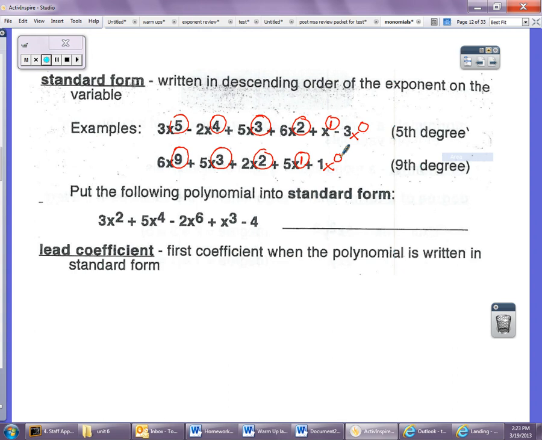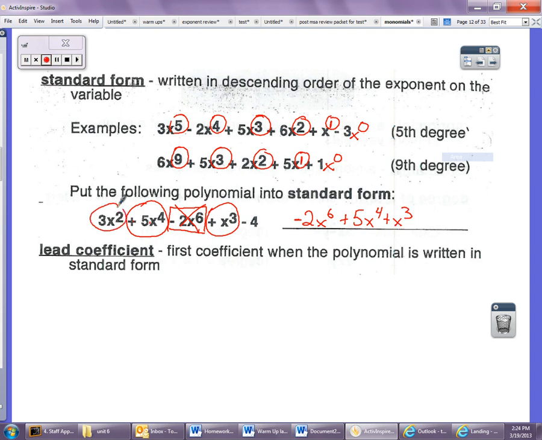It says put the following polynomial into standard form. Well, the highest one is 6. When you look at that 6, it's negative 2x to the 6. So the negative 2x to the 6 comes first. Now we look, no 5, so the next is 4. So we have plus 5x to the 4. After 4 comes 3, so plus x to the third.